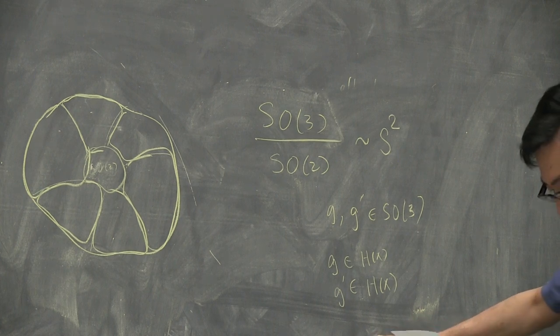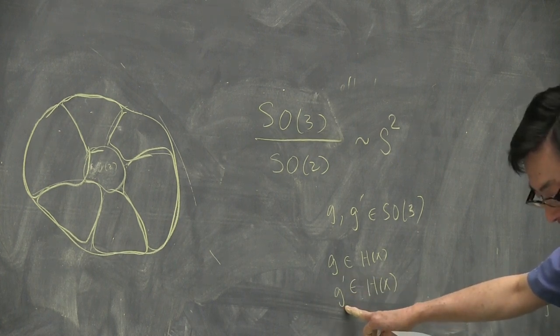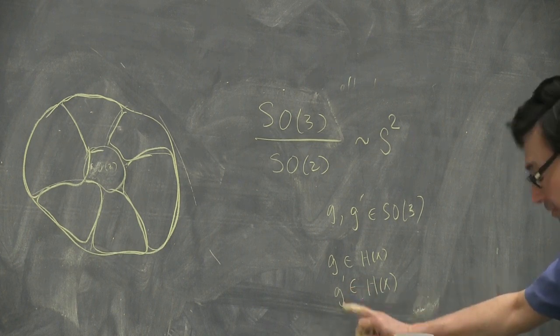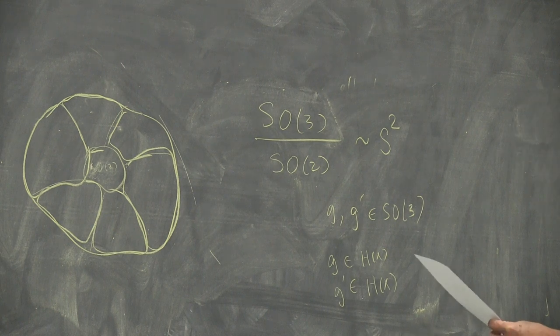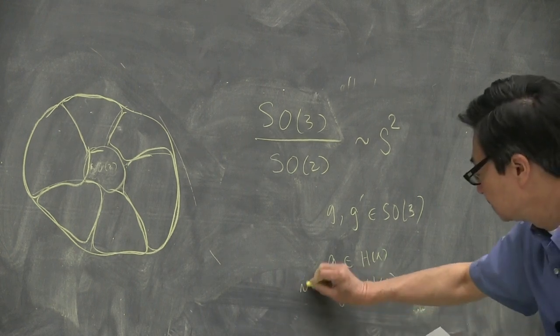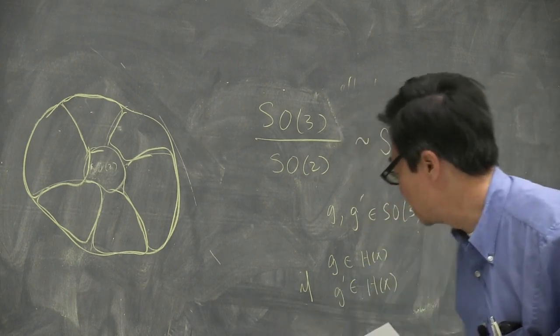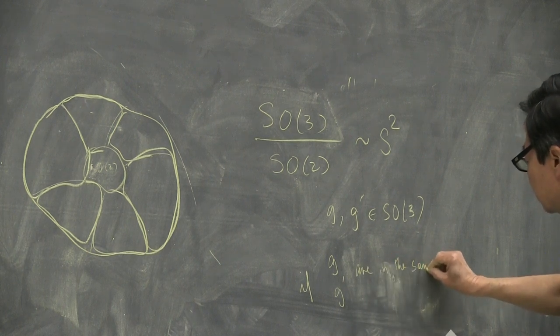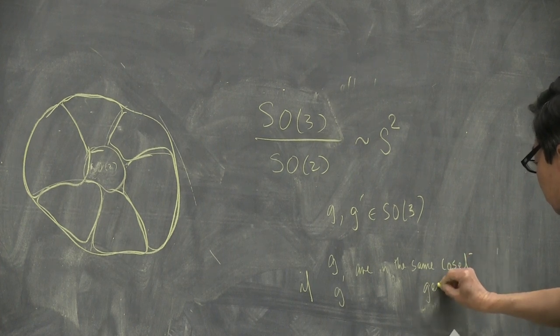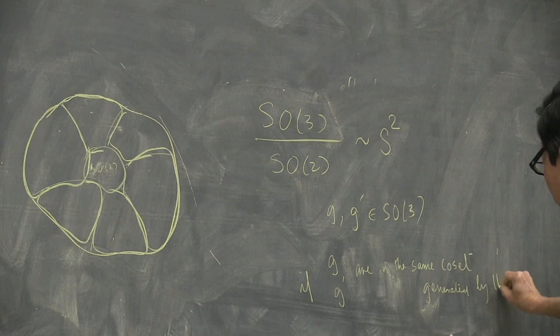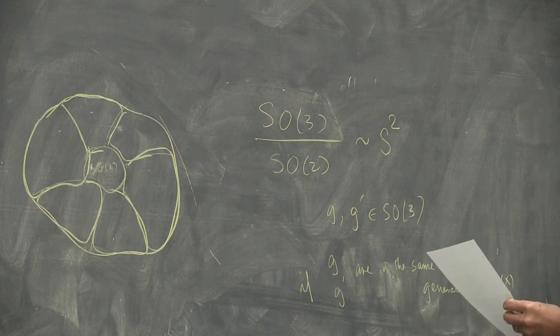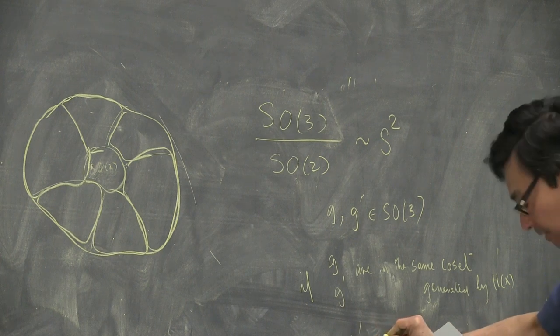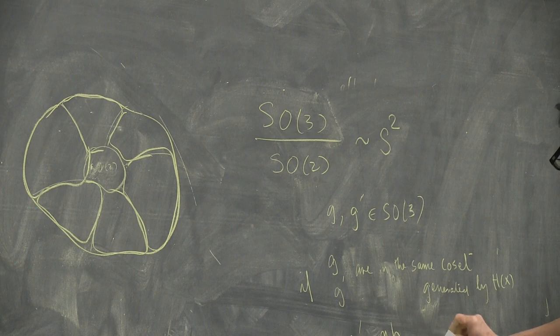We have already seen that G and G prime have the same effect on X. No, I should say if G and G prime are in the same coset generated by a particular isotropy subgroup, then it's clear by definition that G prime is equal to G multiplied by H, where H is in the isotropy subgroup.